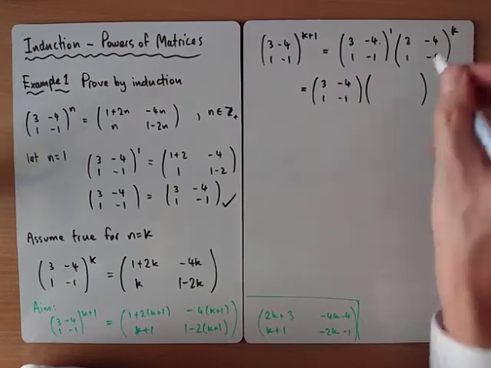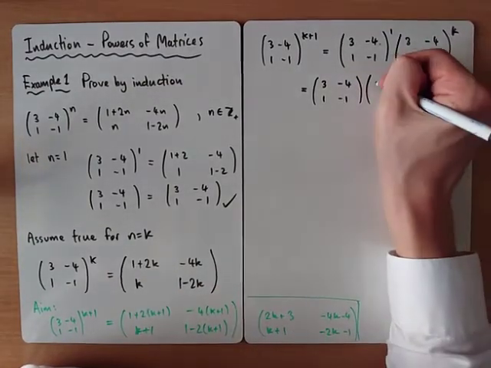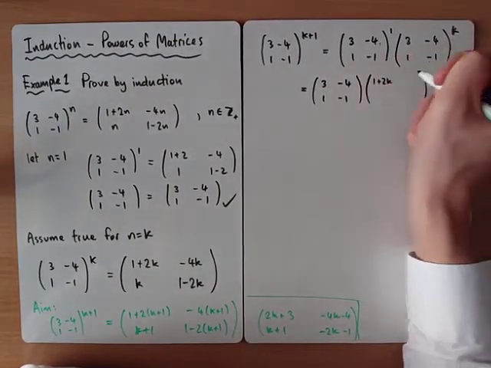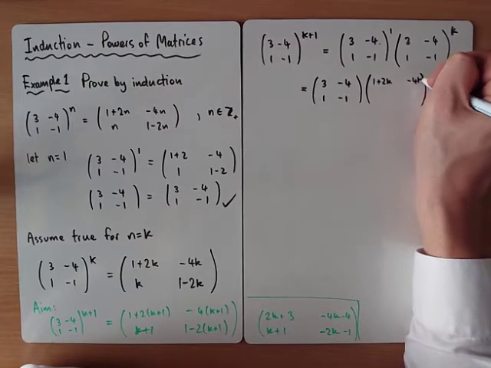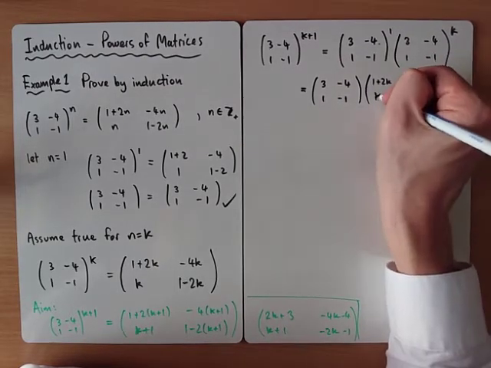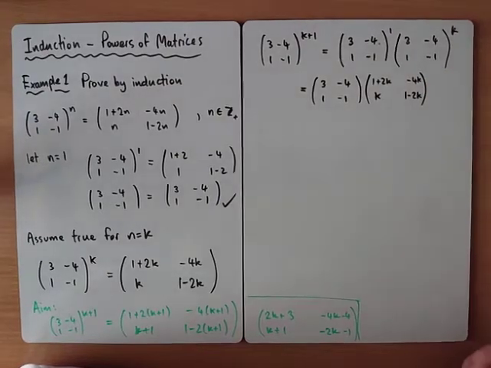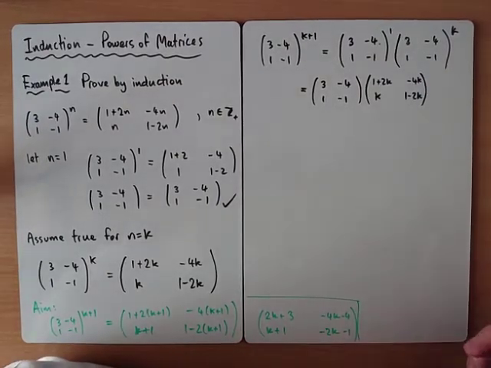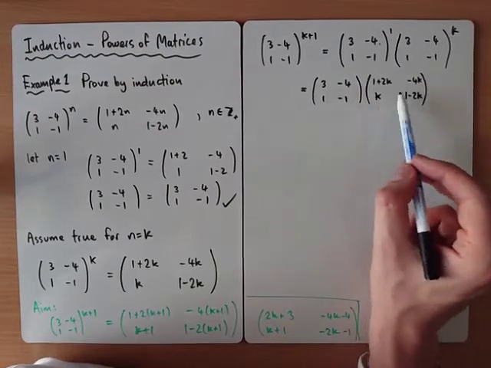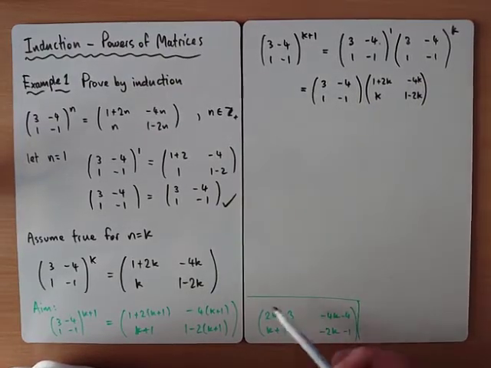The matrix to the power k, we know, is 1 plus 2k, minus 4k, k, 1 minus 2k. Now we've just got to multiply these two matrices together and hopefully we'll end up with this result.